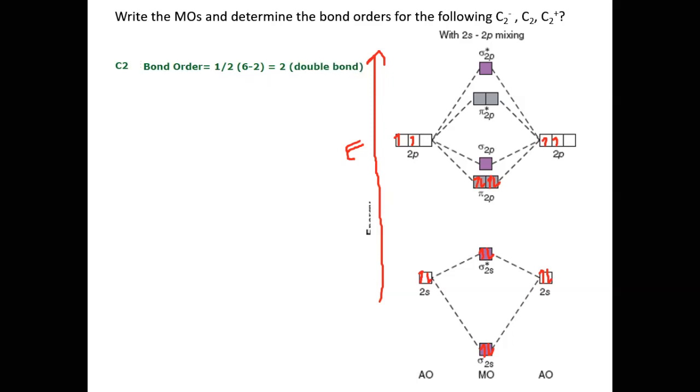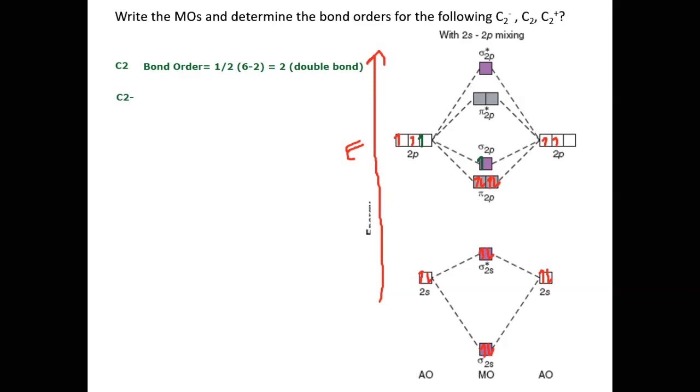Now let's look at C2 2 minus, or C2 minus. And what we're going to do is add an extra electron in one of the atomic orbitals. You just got to add one of them. I'm just going to add one for C2 minus there. So that means they're going to have one in the sigma 2p orbital.